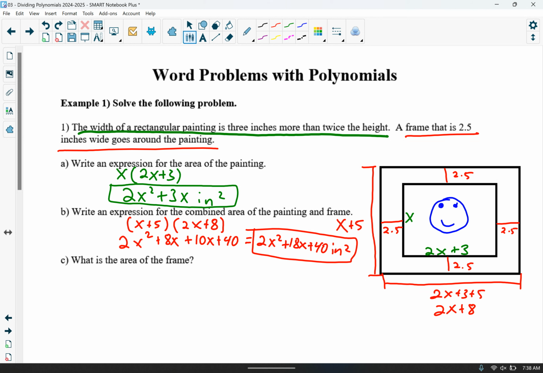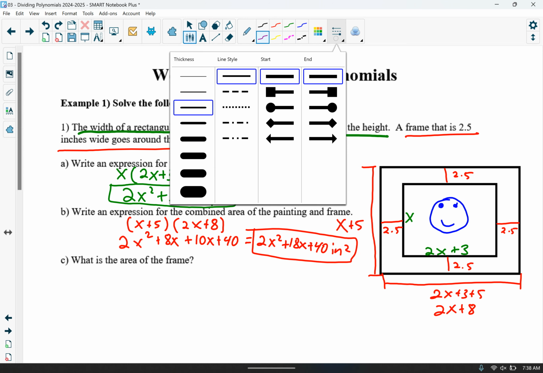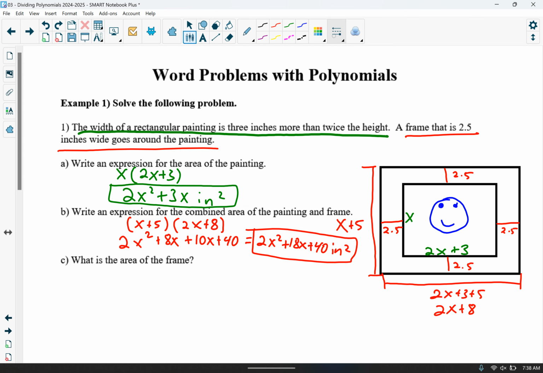And then the last part, what is the area of the frame? So that's just talking about the frame that's outside of the picture. To do that, we'd want to take the area of the larger rectangle, subtract the area of the smaller rectangle of the painting.